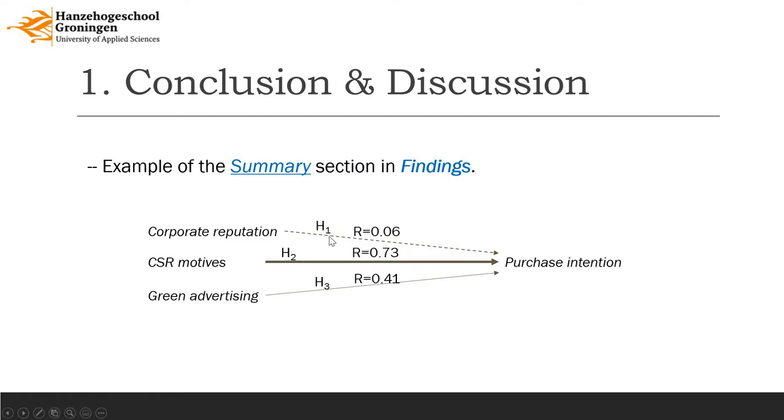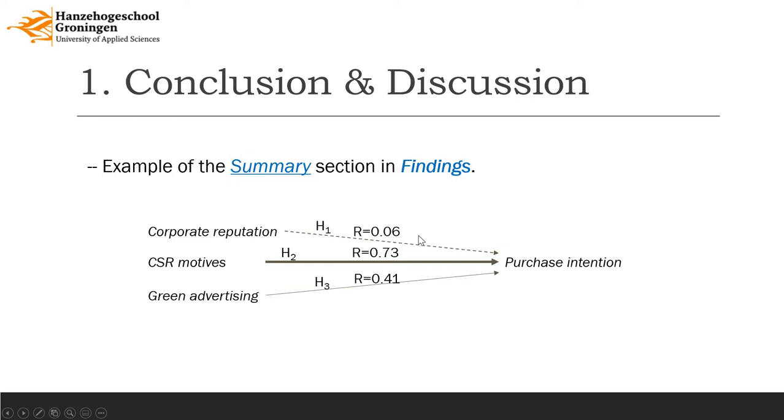And I formulate 3 hypotheses. I present that in the conceptual model part before the methodology. Now in the findings part, I use statistical analysis to test the relationship between each independent variable and the dependent variable one by one. And these are aligned with my sub-research questions or with my hypotheses, H1, H2, and H3.